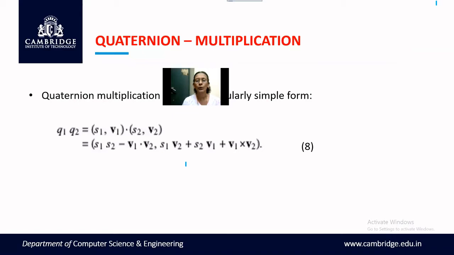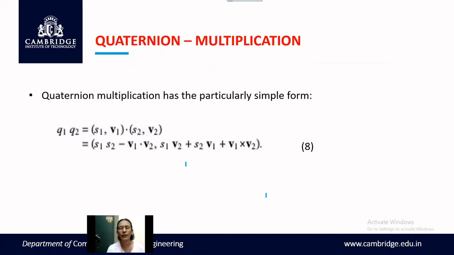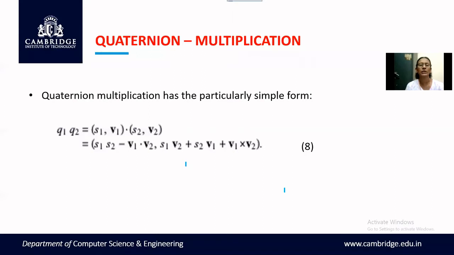So it is easy for us to do this multiplication, that is, the cross product and the vector product.